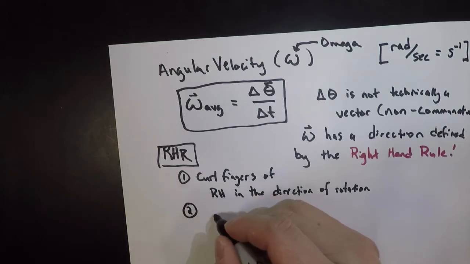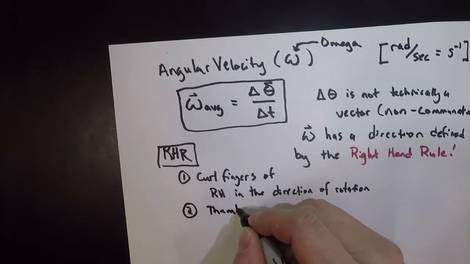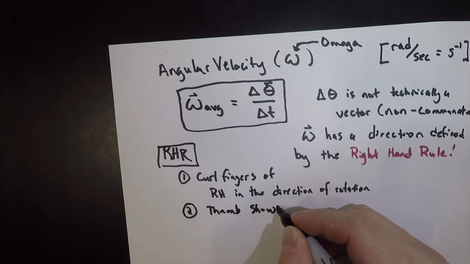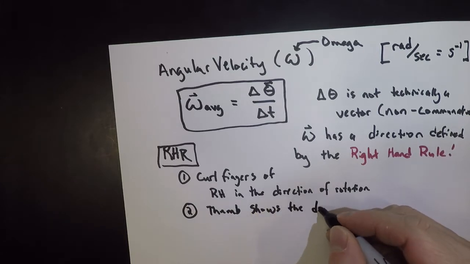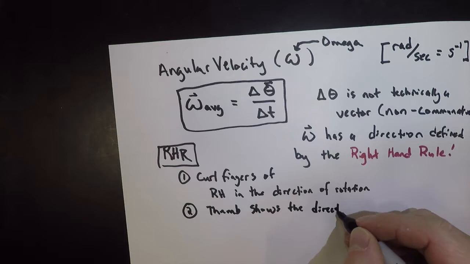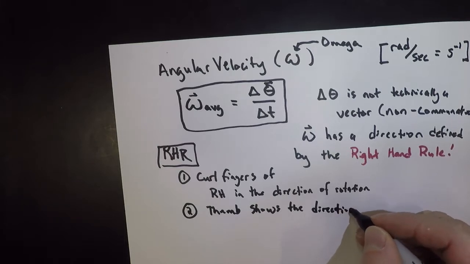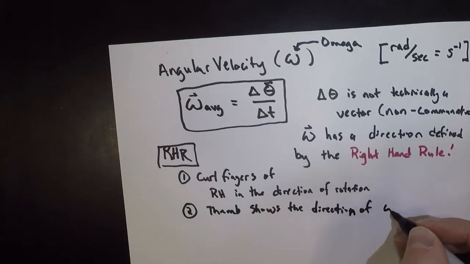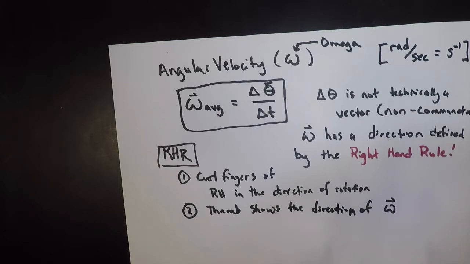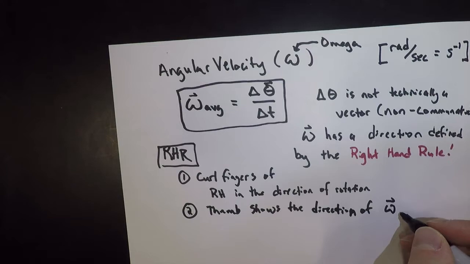And if you do that, then your thumb shows the direction of omega, the direction of the angular velocity. Okay. So let me show you what I mean by that.